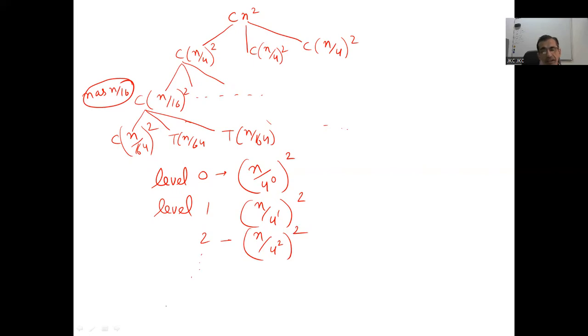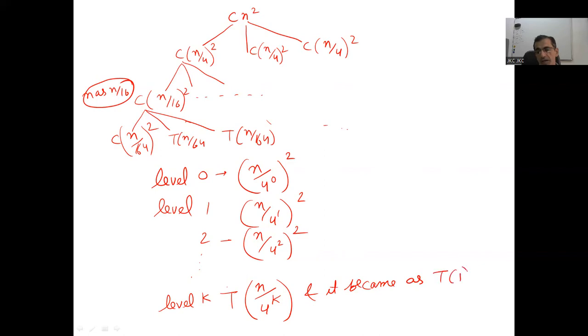Similarly we will reach some level k where it becomes n by 4 raised to k, but the scale will not come. At that level, T of n is finally replaced, because T of n is becoming 1, so it became T of 1.